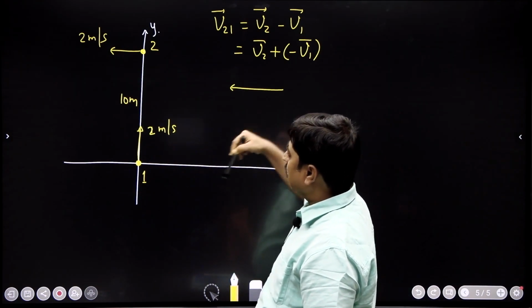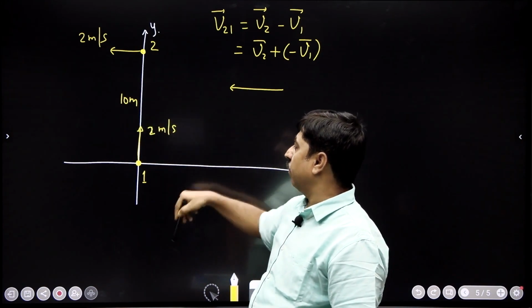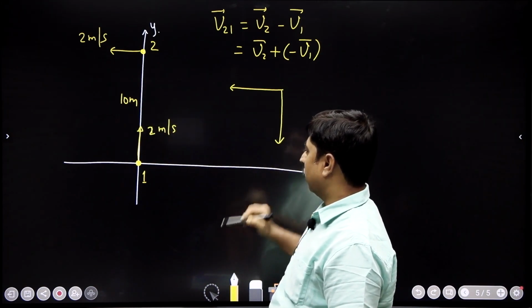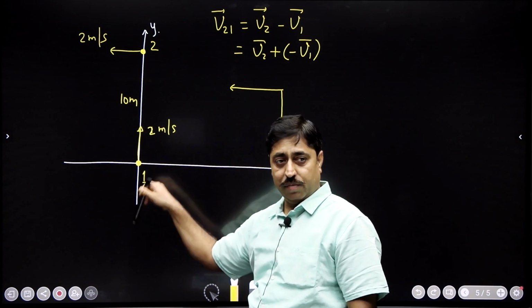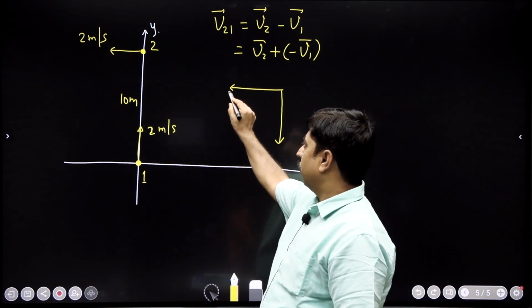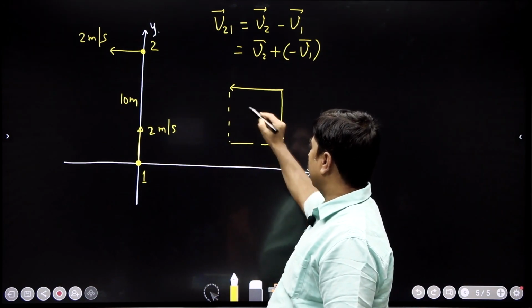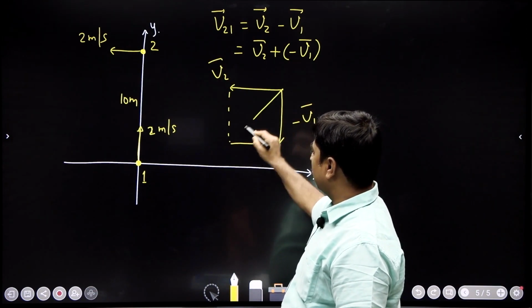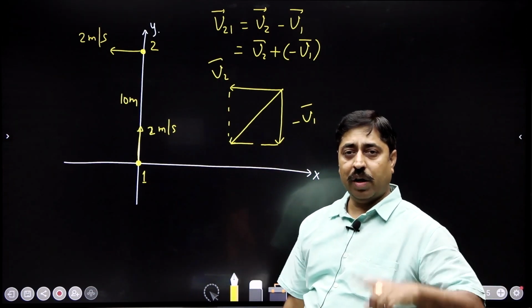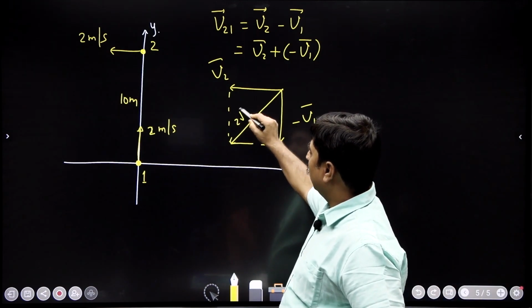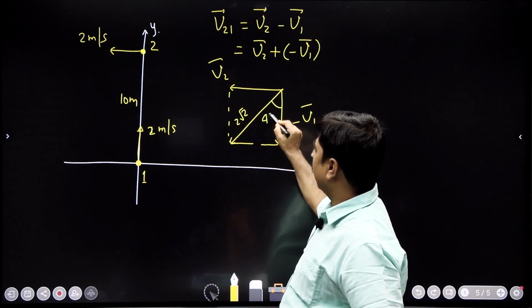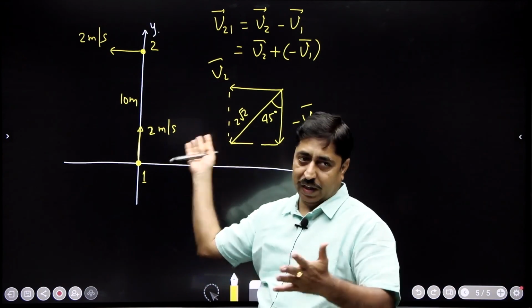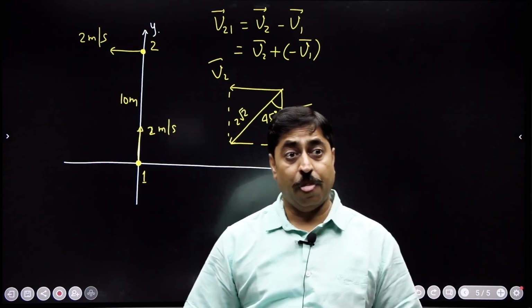You have to add minus v1 to this v2. Minus v1 stands for a velocity of 2 meter per second in this direction, reversed. So, looking carefully, this is v2 and this is minus v1. If we add these two vectors, you get a vector of magnitude 2 root 2, making an angle of 45 degree with either of x and y axis like this, right.